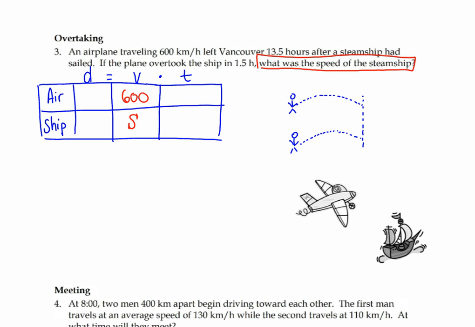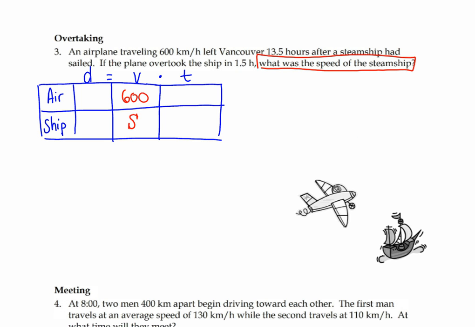So let's read this again. An airplane traveling 600 kilometers per hour left Vancouver 13 and a half hours after the steamship did. If the plane overtook the ship in 1.5 hours, how long was the plane traveling? Well, 1.5, and the boat would have been 13?